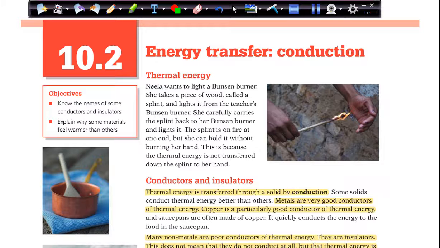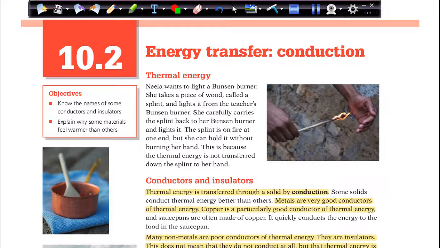We studied about conductors and insulators before, but how do these conductors and insulators work, and why do we call them conductors and why do we call them insulators? We studied before that conductors allow something to pass through them, whether it is thermal energy or heat, or electricity.